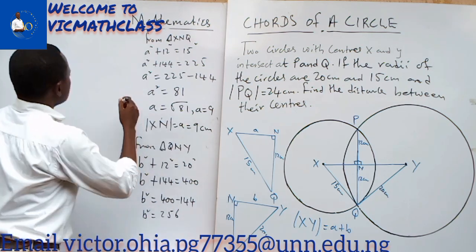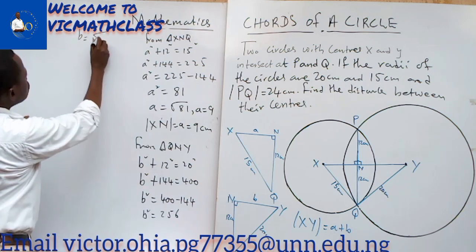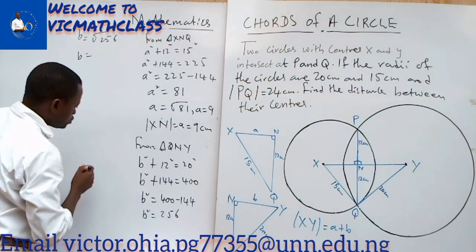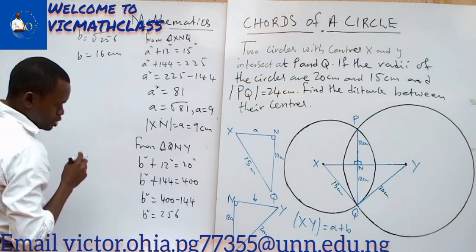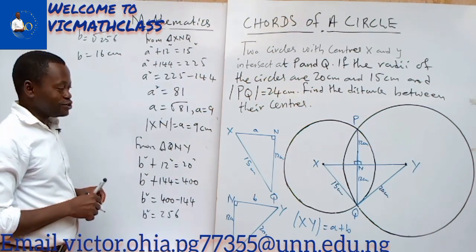So if I take the square root, B is equal to the square root of 256, which is 16 cm. So therefore we can now make our conclusion.